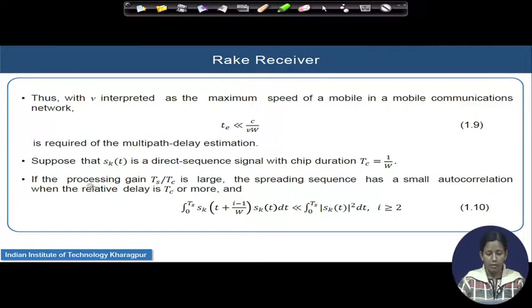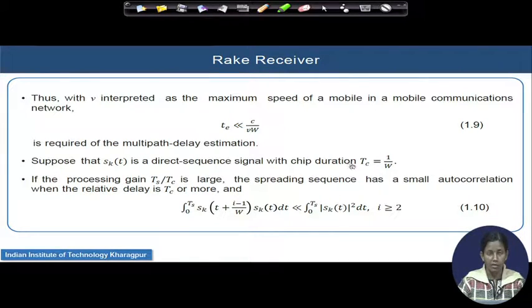And now, the last one. Suppose that s_k(t), the symbol that we have transmitted, the direct sequence signal, has a chip duration T_c, which is equal to 1 by W. If the processing gain is really very large, the spreading sequence has a very small autocorrelation when the relative delay is T_c.